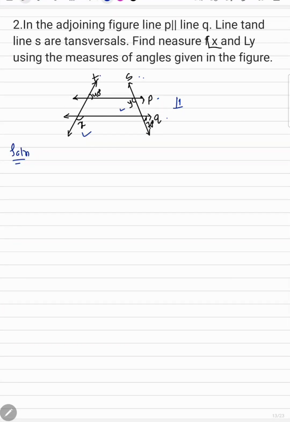What is it? It is A and B shown in the figure. Here we write, this is the A and this is B. Then we write here, consider angle A and angle B as shown in figure.